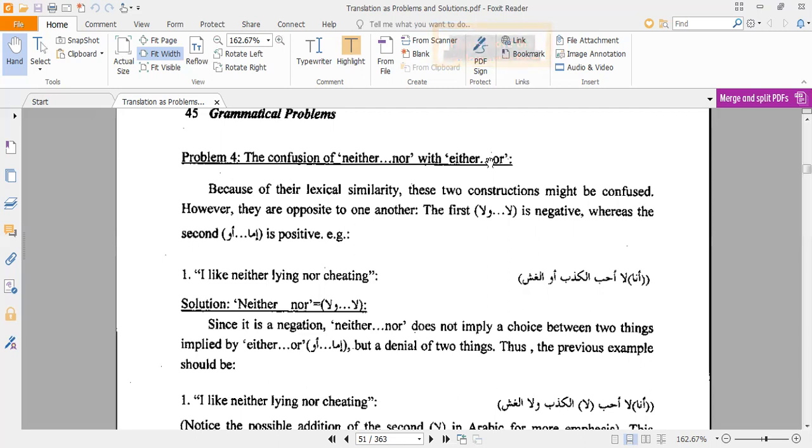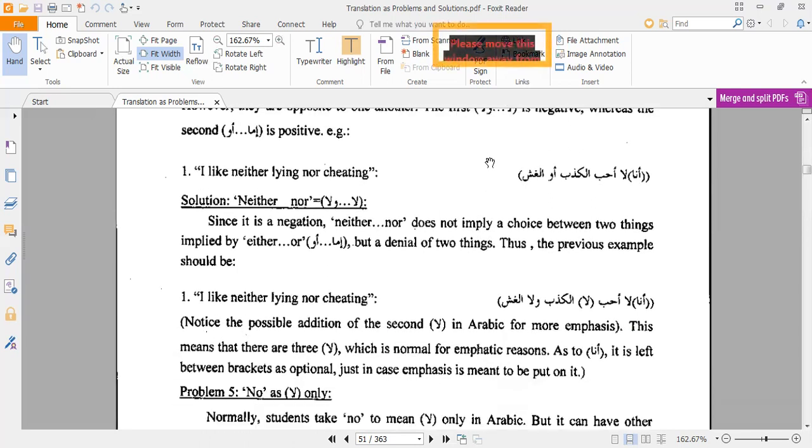To solve this problem, we can look at this sentence as an example. I like neither lying nor cheating. أنا لا أحب الكذب أو الغش. The meaning of the Arabic sentence is that I like one of them, either lying or cheating, but I do not like both together. So here there is a choice, giving choices.